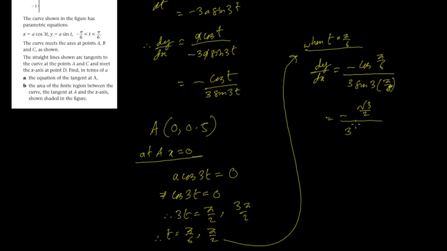Sine pi by 2 means sine 90 degrees, which is 1. So minus root 3 by 2 divided by 3, that means minus root 3 by 6. So the gradient is minus root 3 by 6.